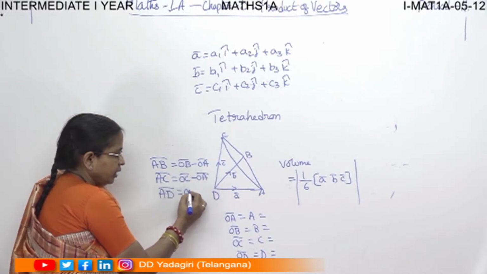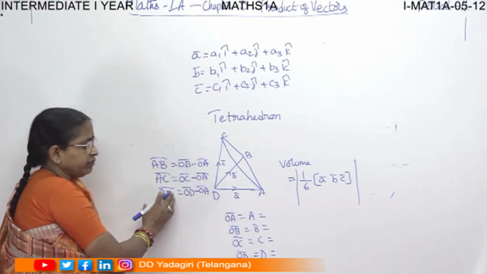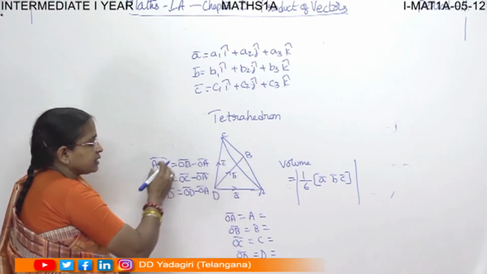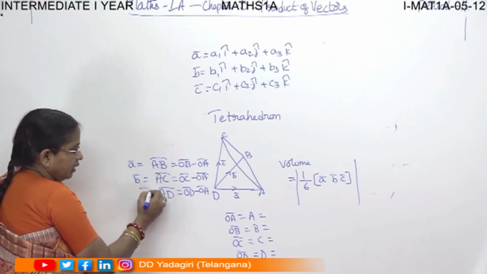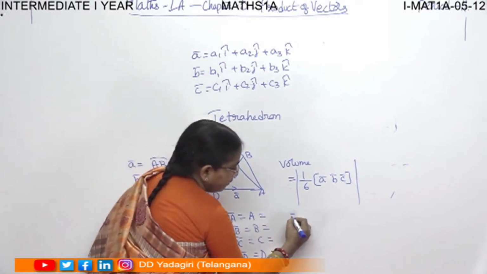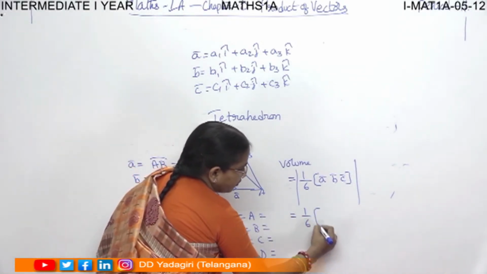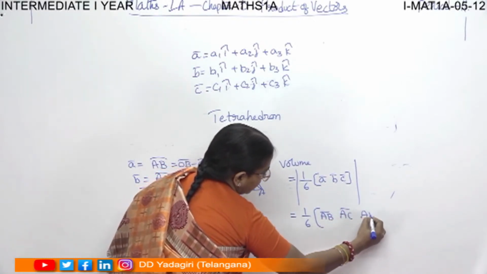AD is OD minus OA. So like this you convert the 4 points into 3 vectors. Now they form the sides. So this is our A, B and C, and then you apply the same formula. So when you are given the vertices, the formula becomes 1 by 6 box of AB, AC, AD.